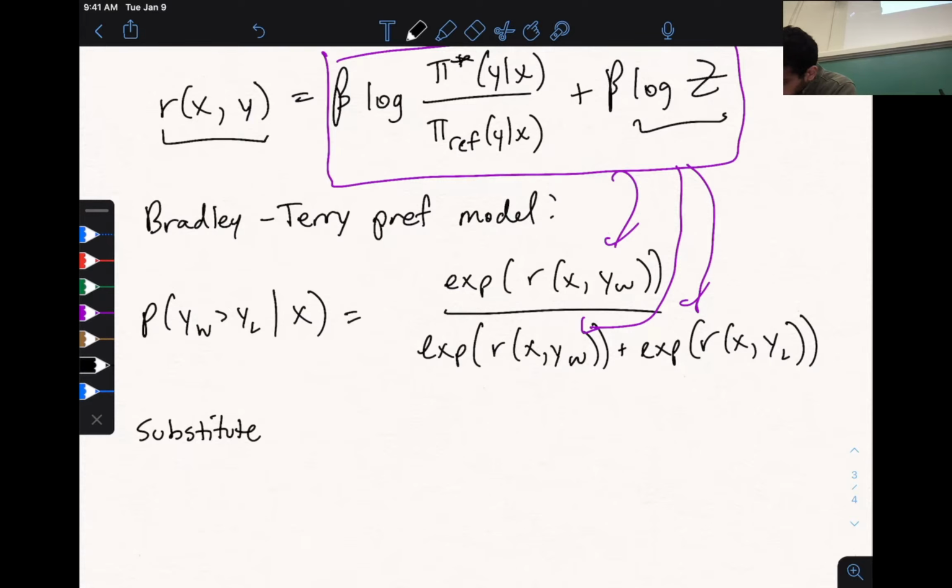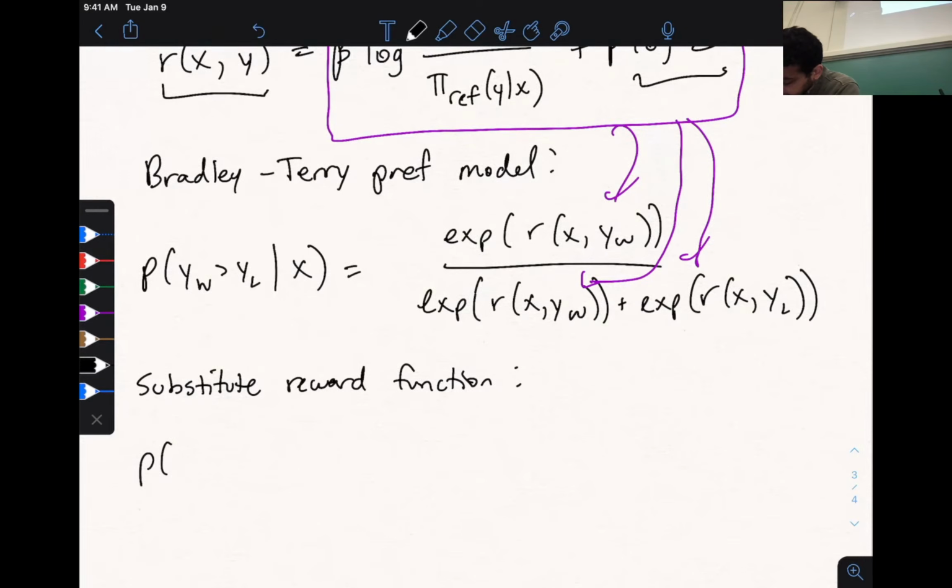So substituting the reward function, we get that the preference probability here is actually the sigmoid function.